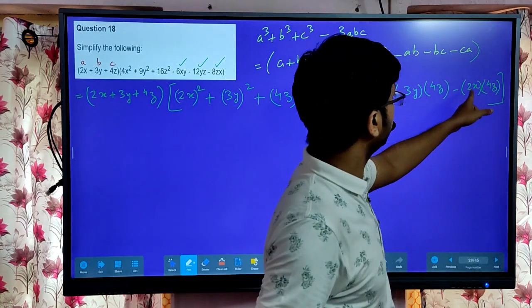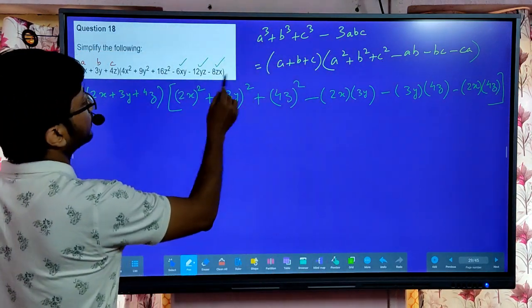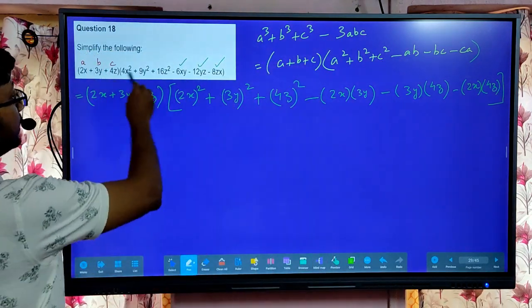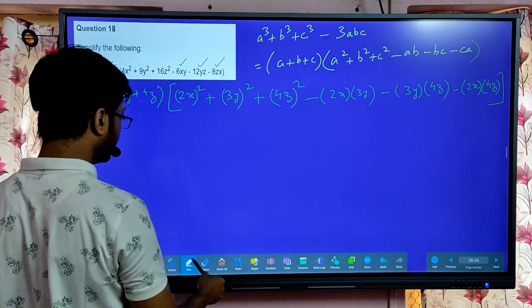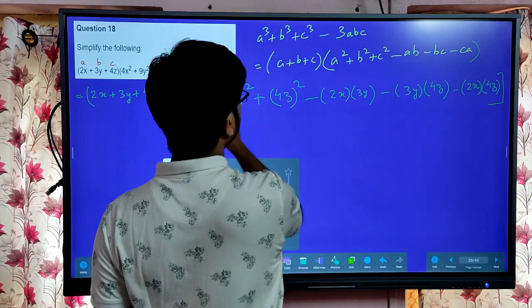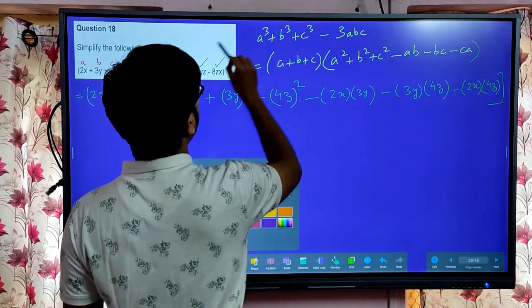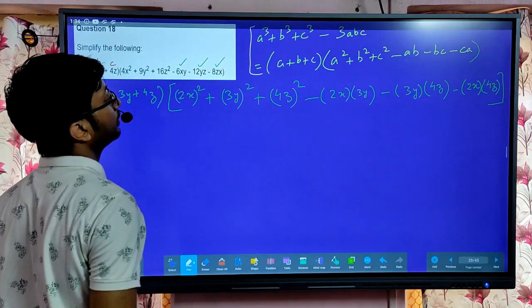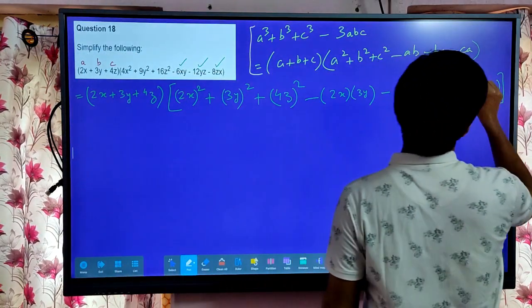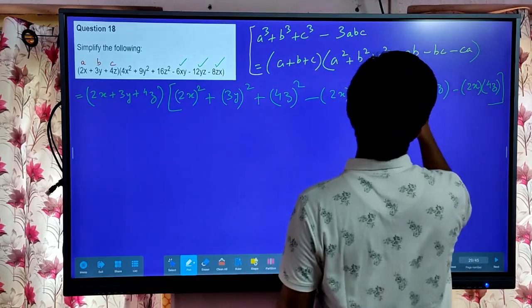You see, 4 twos are 8xz, so 8xz, done. Now we have expressed the entire expression in the format of the formula. This is the format which we have.